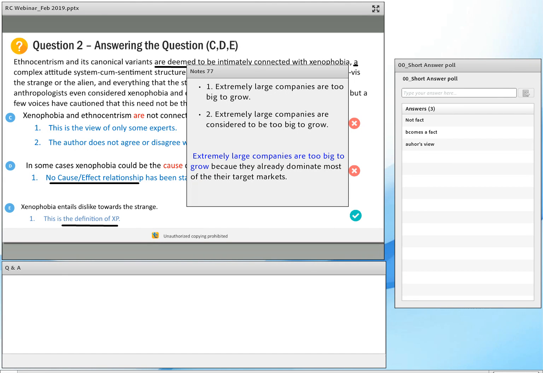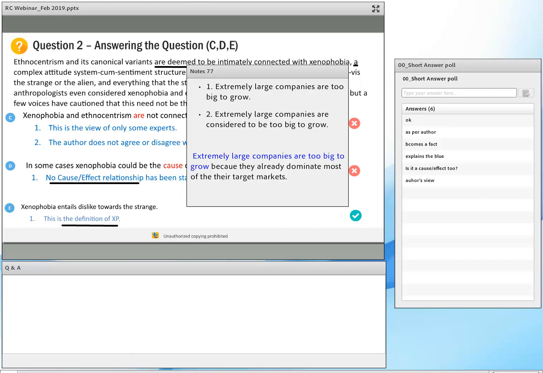Okay, this becomes a claim or a judgment or a conclusion. They're all the same thing. But is it true? The author thinks it's true. Okay, so that's author's view.